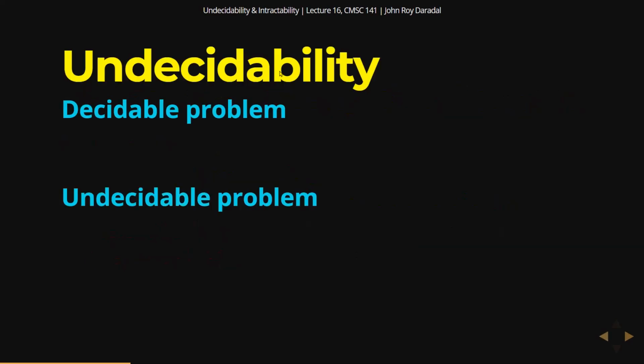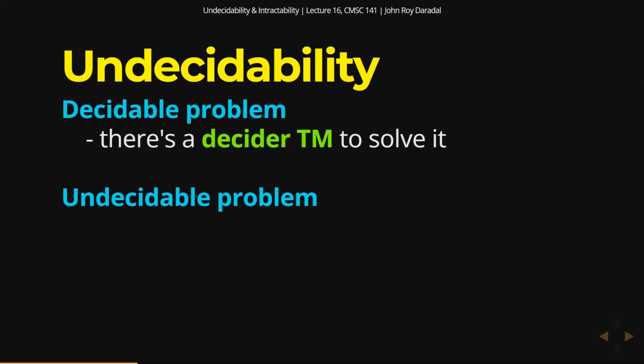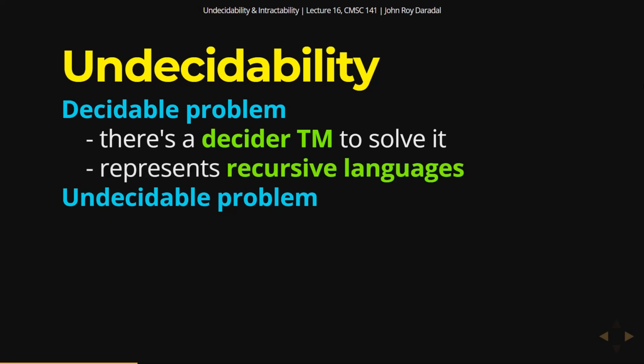For undecidability, we have the two: decidable versus undecidable problems. For a decidable problem, you have a decider Turing machine to solve it. And remember, a decider Turing machine has an accept and reject output, so it represents recursive languages.